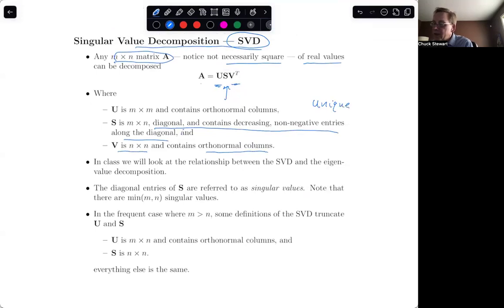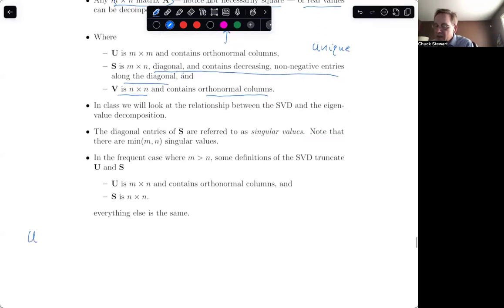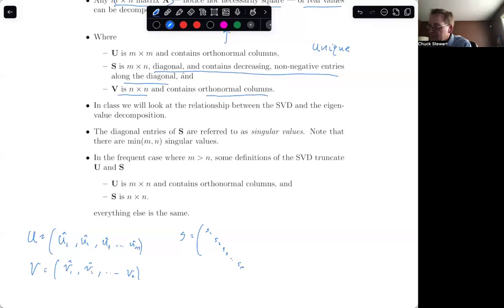So what does this really mean and look like? U is U1, and these columns, V, and there's M. And S looks like this.